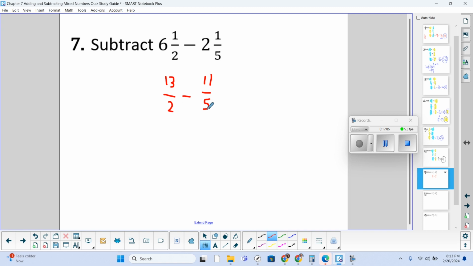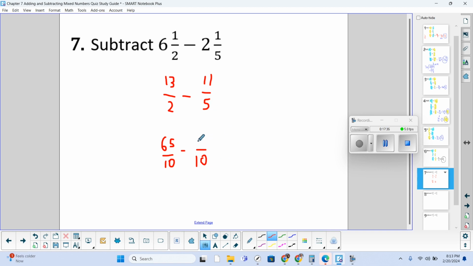Common denominator here for 2 and 5 would be 10. So something over 10 minus something else over 10. What do I multiply 2 by to get to 10? Well, 2 times 5 equals 10. So I'm going to take the numerator here, 13, multiply that times 5, which would be 65. 5 times what gives me 10? 5 times 2.